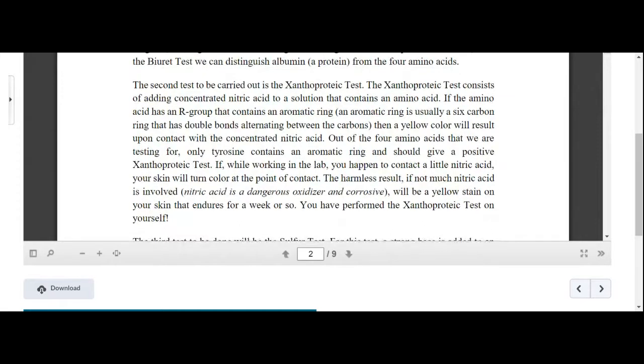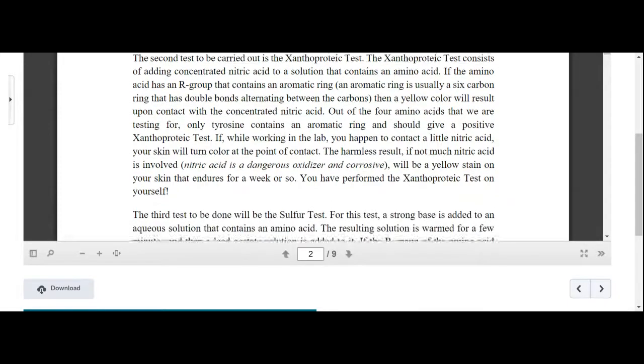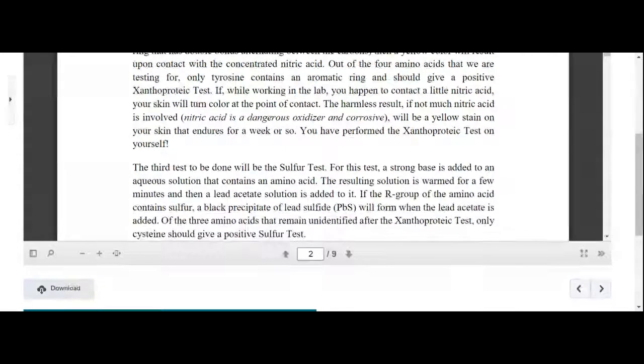So we are done with the albumin. We are done with the tyrosine because we do the nitric acid test with that. If the yellow color appears, then we know that we have tyrosine positive. Then we do the sulfur test. For the sulfur test, we are going to use a strong base again in the solution of the amino acids.